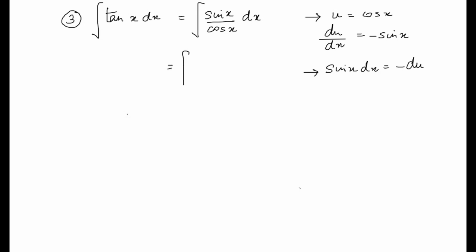So the integral becomes negative du over u, since cos x is u. Once again, it's become a simple integration. So it becomes negative log u plus c, and then we substitute the u value back. So it becomes negative log of cos x plus c.